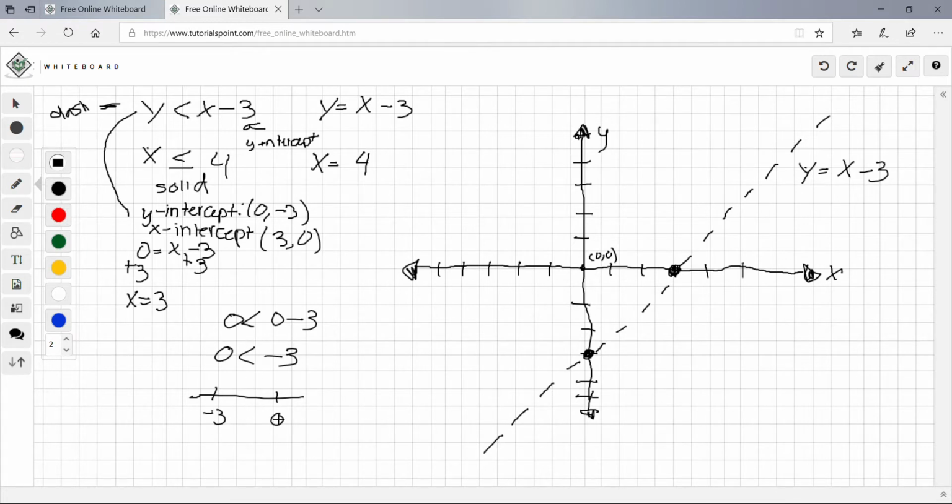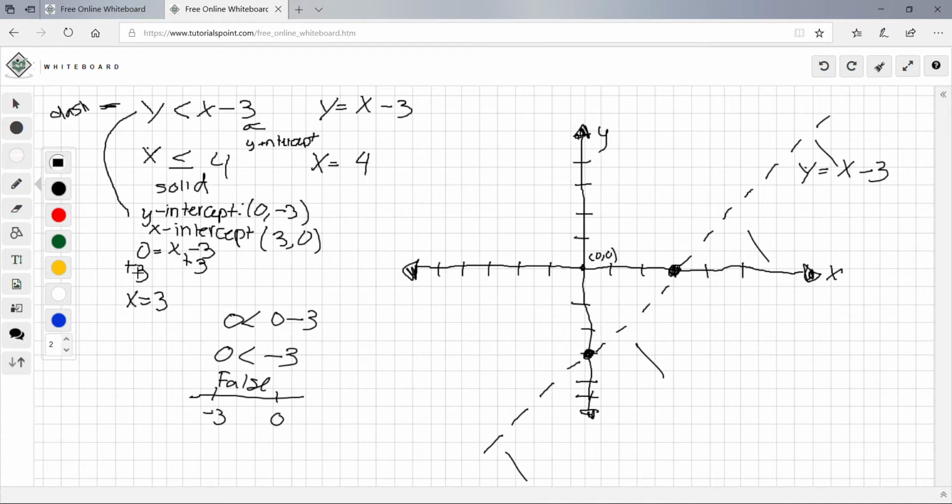Is 0 less than -3? That's false. 0 is greater than -3. So wherever this region, it was false. So I'm going to do just a light shade. I'm not going to shade it completely for right now because I have to figure out this part as well, this region. So it's going to be just a light shade.